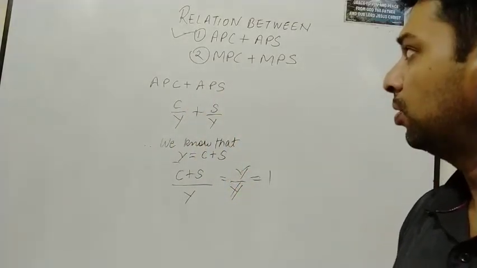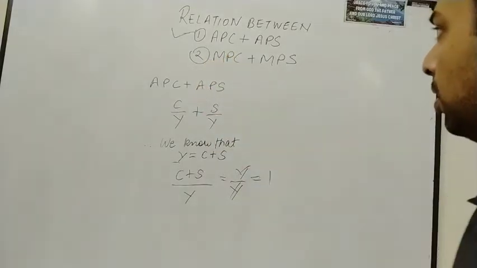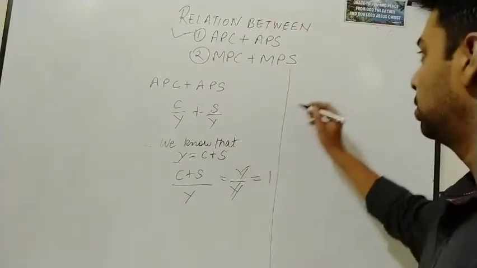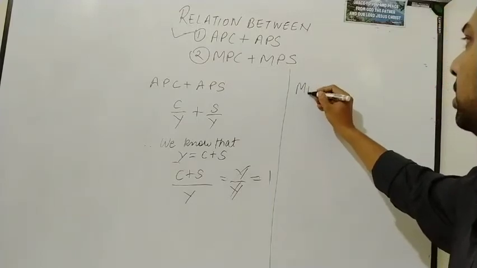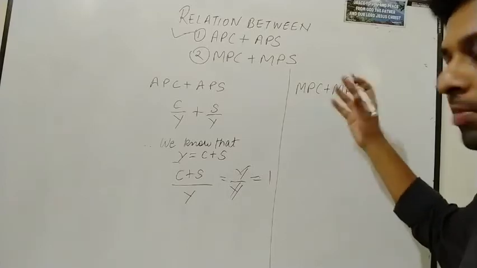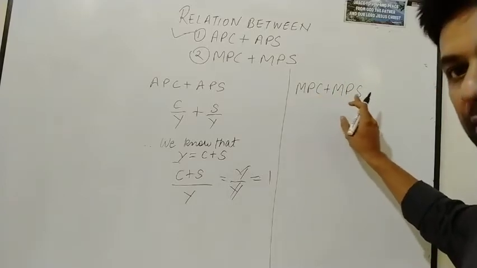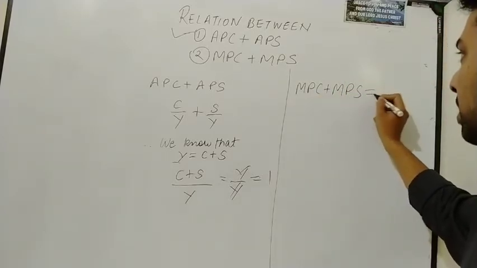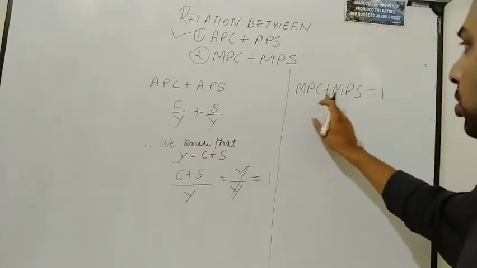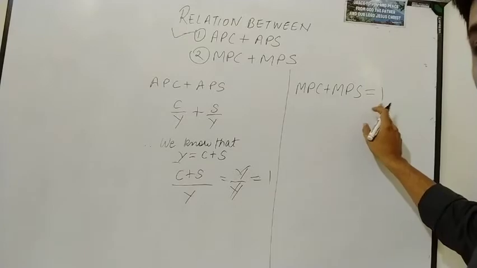Now we will do the same thing for the second one, MPC and MPS. Here we know that with additional income generated, either it will be consumed or some part will be saved, so MPS plus MPC will be equal to 1. So the total should come equal to 1.